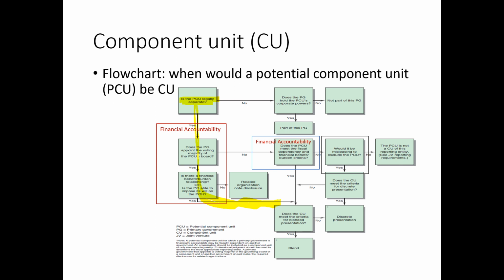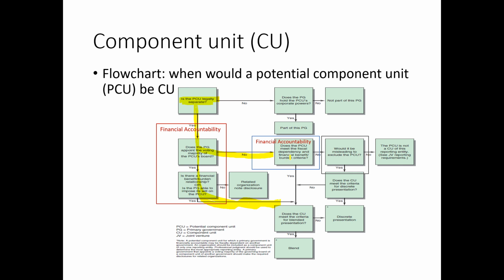Okay, there's a second route to be financial accountable. That is, we're going to go through this question again. Does the primary government appoint a voting majority of the board? If the answer is no, we're going to answer these two questions. Does the PCU meet the fiscal dependency criteria?